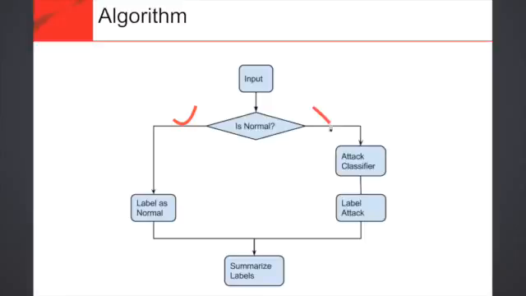If we think it's abnormal, we send it to the attack classifier. In this attack classifier, we can label each of the records into 4 kinds of attacks. Then we merge those 2 labels together and produce the final label.